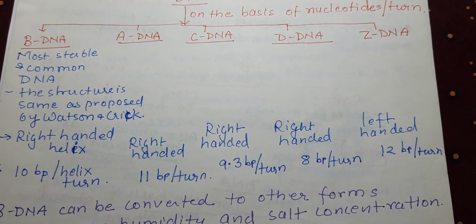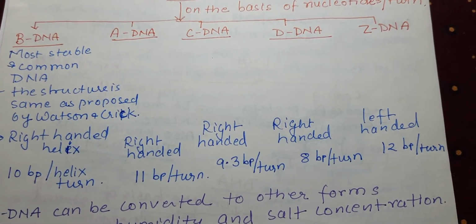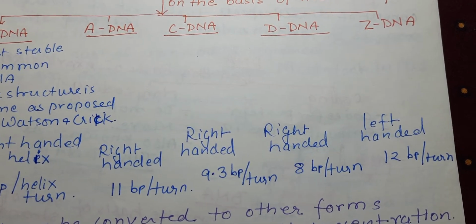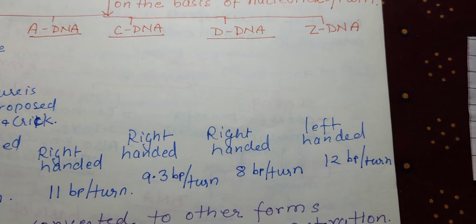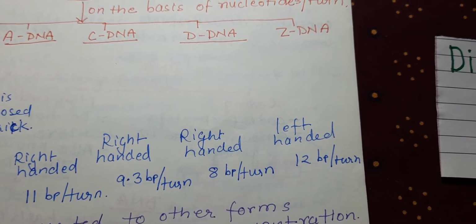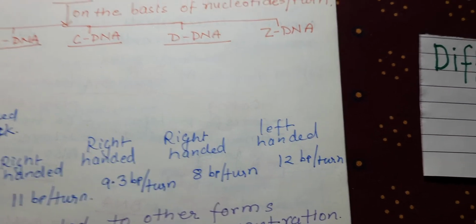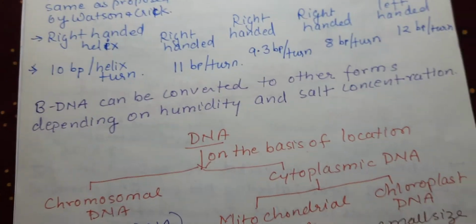And if you compare the base pair per turn of the helix, in case of A it is 11 base pair, in case of C it is 9.3 base pair, in case of D it is 8 base pair, and it is 12 base pair per turn in case of zDNA.